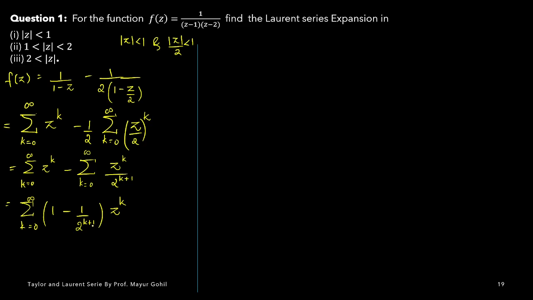Now let me take up case number 2 and understand what happens there. So I'll write the answer here for case 2. Case 2 we have 1 is less than mod z less than 2. So there are two meanings over here. The first meaning is 1 is less than mod z and mod z is less than 2.